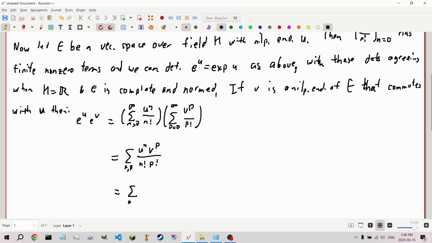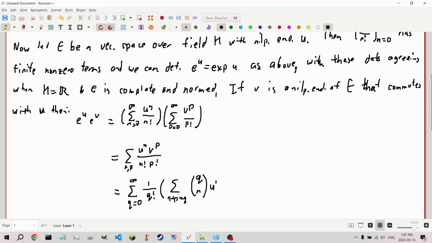This is from q equals 0 to infinity of 1 over q factorial times the sum where n plus p equals q, and I'm guessing they're going to be non-negative, of q choose n. Well, I guess that will account for any negative terms there.